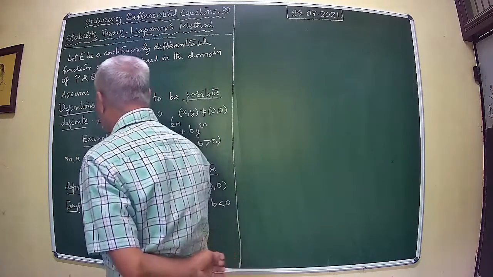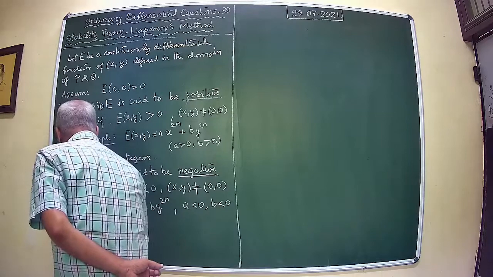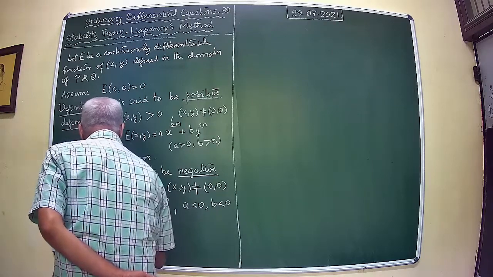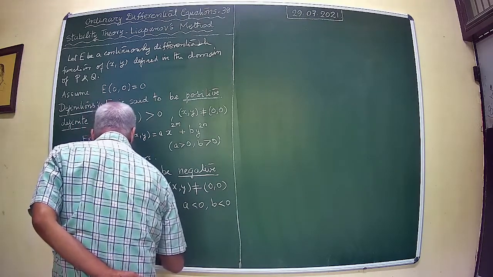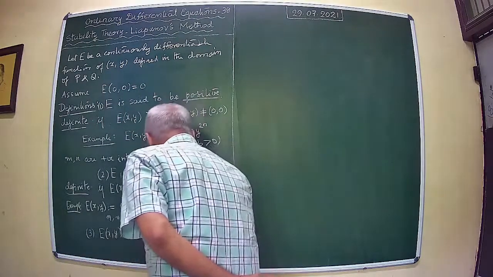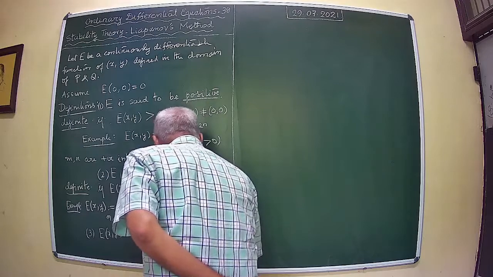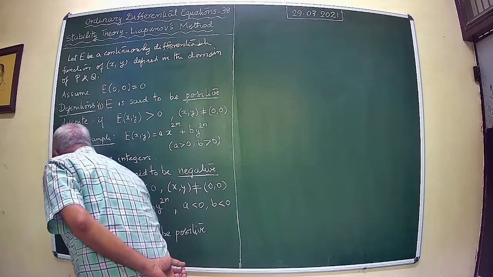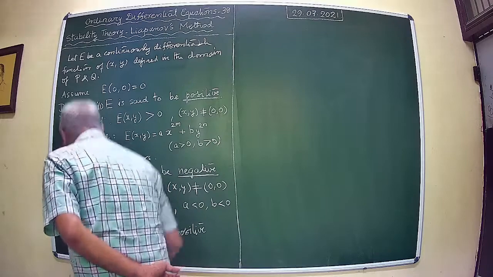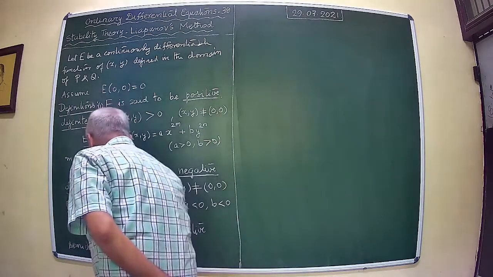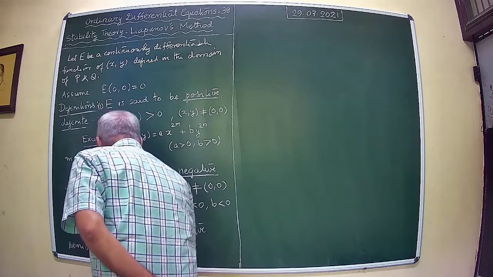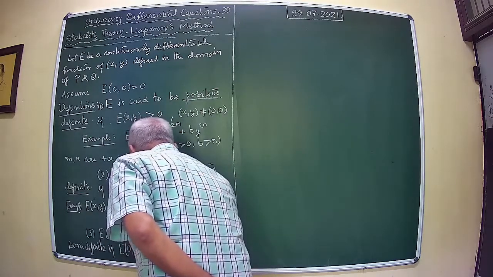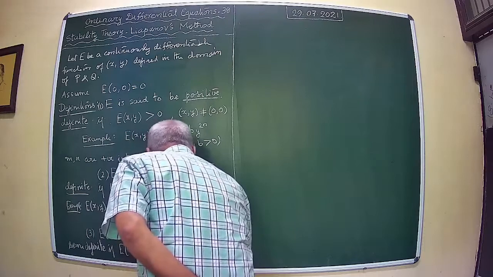Now we define two more functions, namely the third definition is E(x,y) positive semi-definite if E(0,0) equal to 0 and E(x,y) greater than or equal to 0.